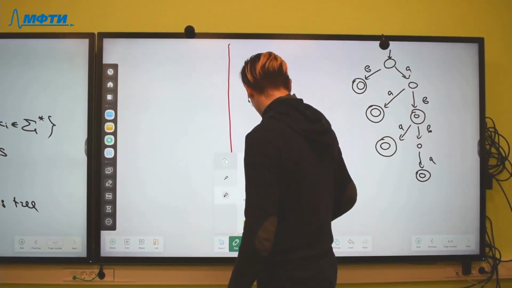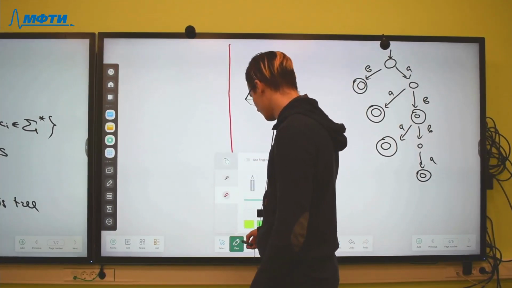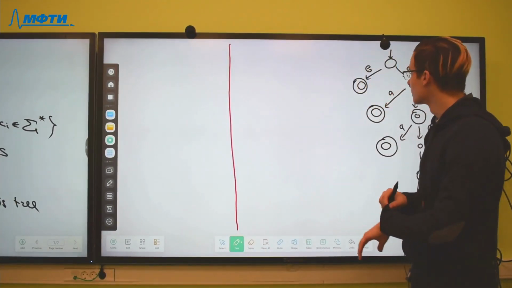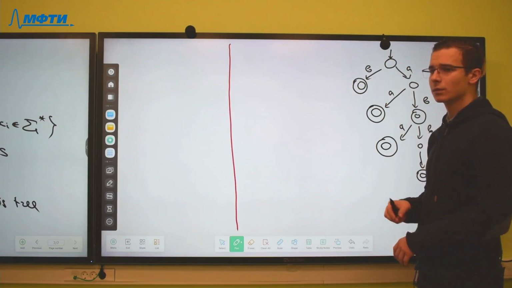We need to set suffix links in this graph.